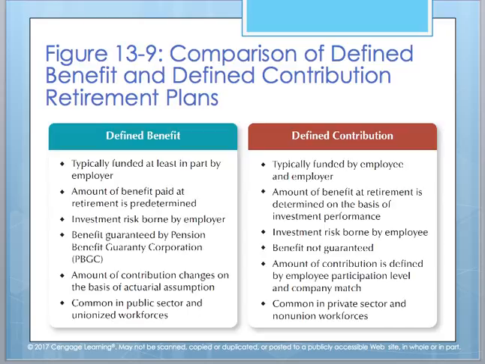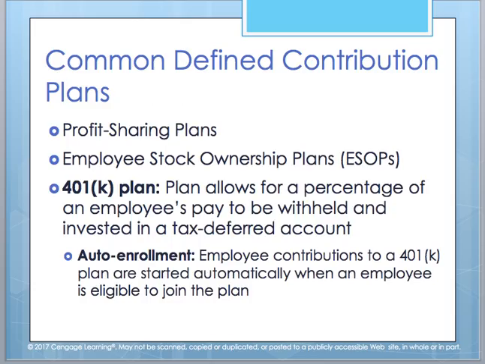Under the defined benefit, it's usually common in public sector and unionized workforces, while defined contribution is what you normally find in private sector and non-union workforces. So you can look at your company, based on the type of sector you're working in, and see whether or not you are part of a defined benefit plan or if you have a defined contribution retirement plan.